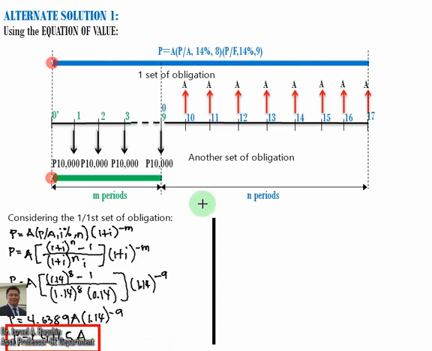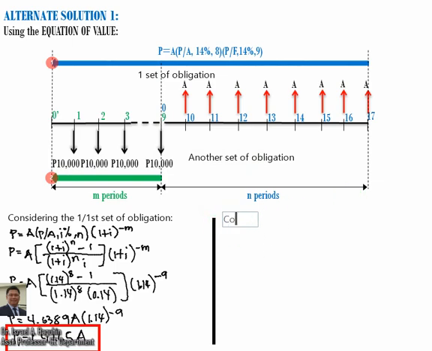So now we are done with the one set of obligation. We are going to consider another set of obligation, which is our cash deposit.